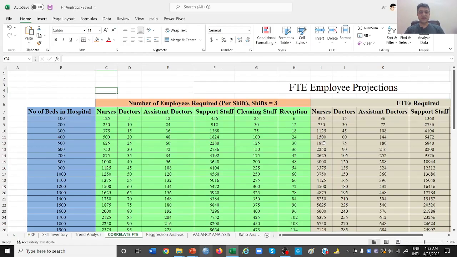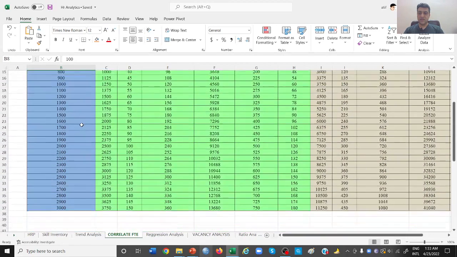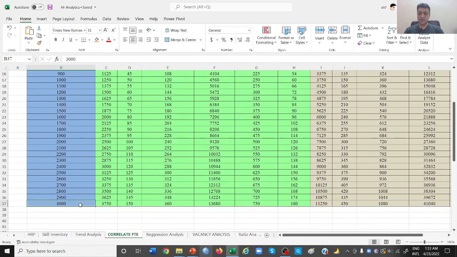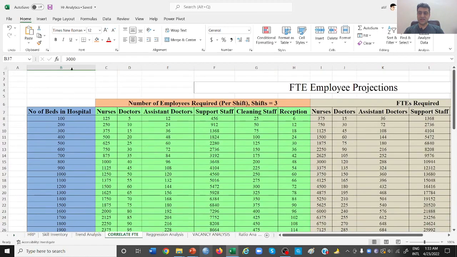Now, this is the data that we already have from the previous hospitals which are already running. If you have number of beds 100, 200, and up to 3000, this is the data of the number of beds, and this is the data of the number of nurses required at different number of beds in different hospitals.